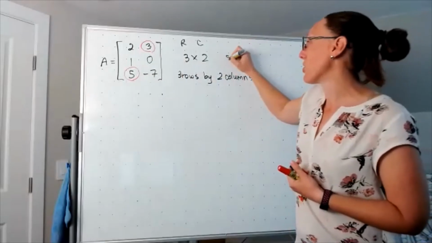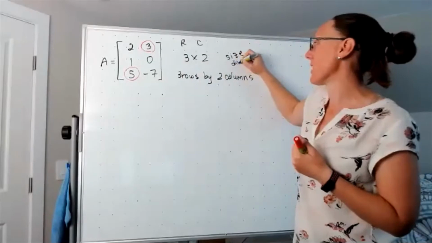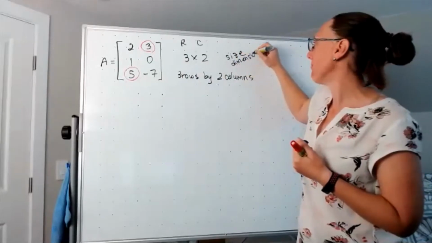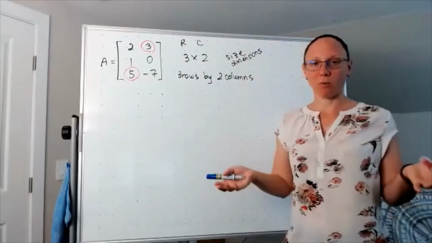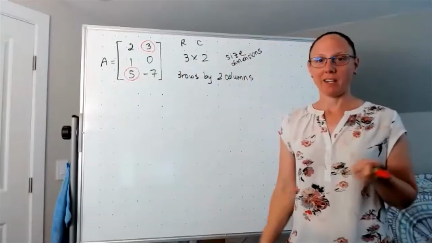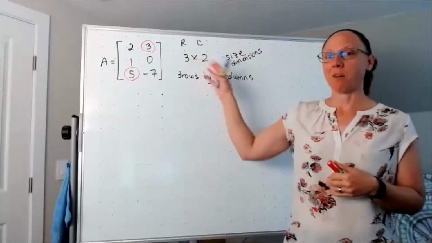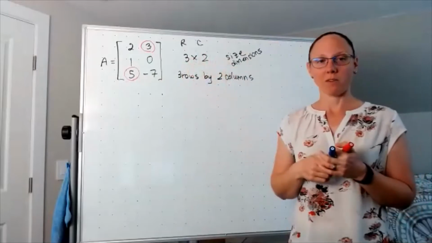This is referred to as the size of the matrix or the dimensions of the matrix. Just like if we were talking about the dimensions of a room, we might say that a room is 10 feet by 12 feet, right? It's 10 by 12. Same kind of thing here. We're just saying that it's 3 rows by 2 columns.